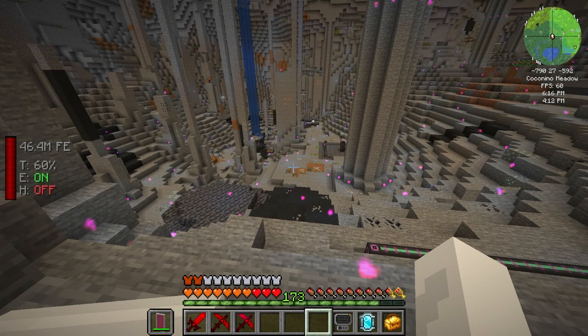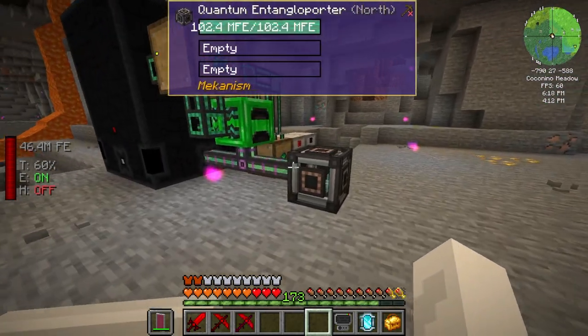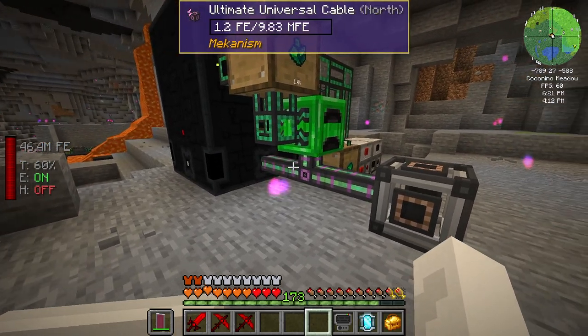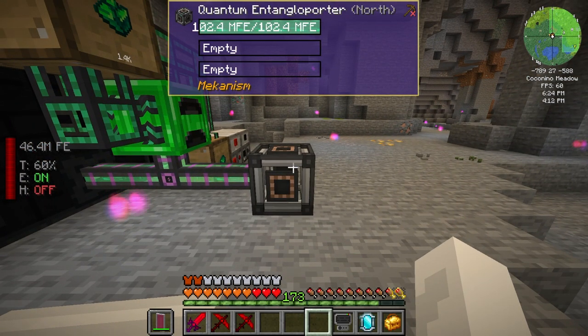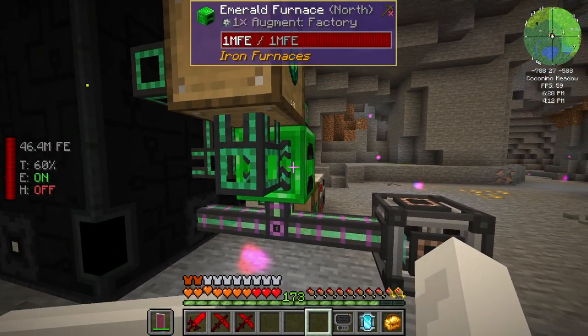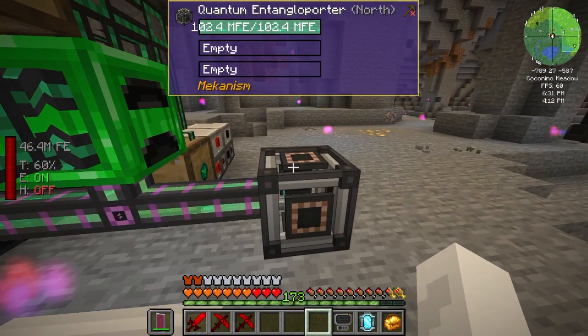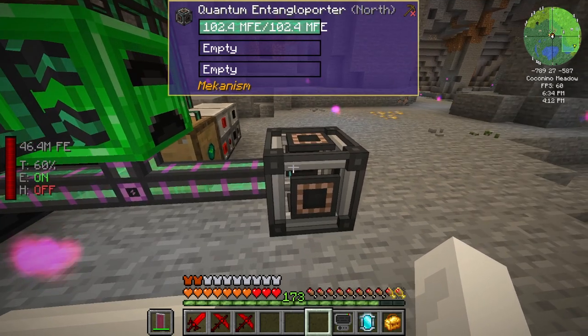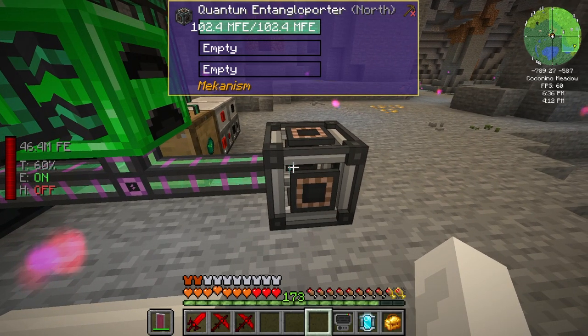I still have no idea why. And these cables aren't full either. This is full, so I am assuming that things aren't going anywhere right now, because that's full. This is the last thing which is filling itself, I assume.